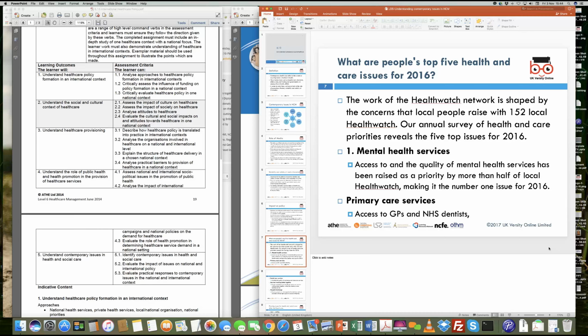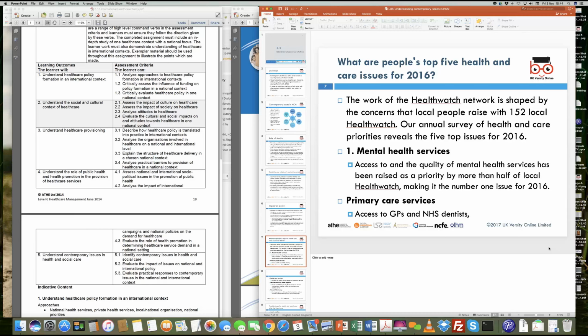Now, one of the key things is, because we are living longer and life expectancy is increasing, we see a lot of mental health services issues cropping up. Things like dementia, Alzheimer's disease. These are issues cropping up because of the westernized style of lifestyle, and also because we are living longer.